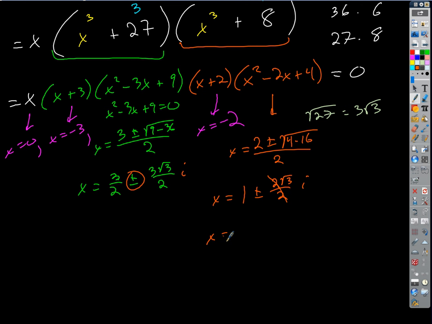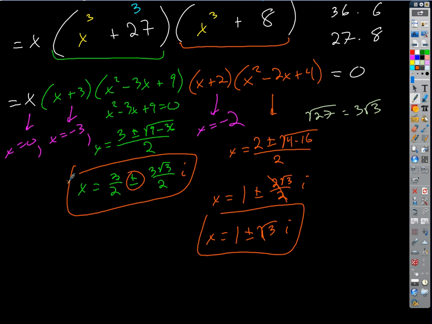So I end up with x equals 1 plus or minus square root of 3 i. Another pair of complex conjugate zeros. So there's my 7, right? I get 1, 2, 3 real, and 2 pairs of 2, so 4 imaginary. Okay? Make sense?